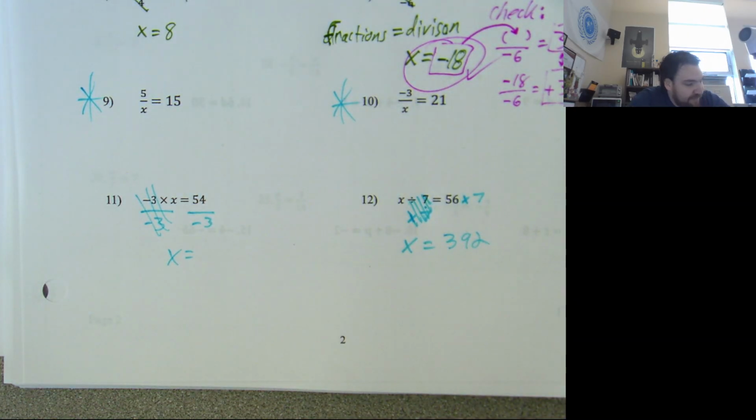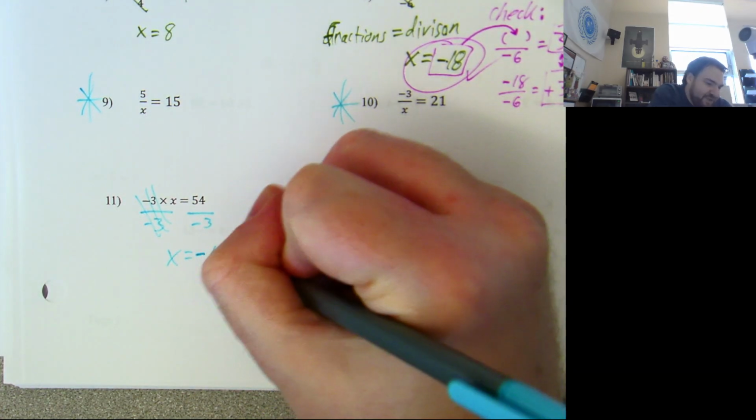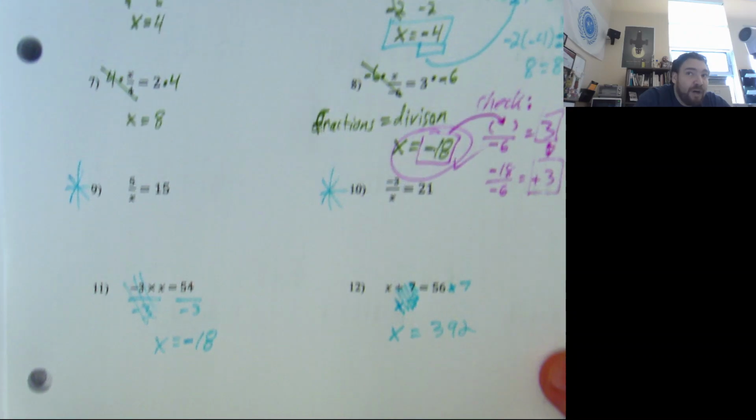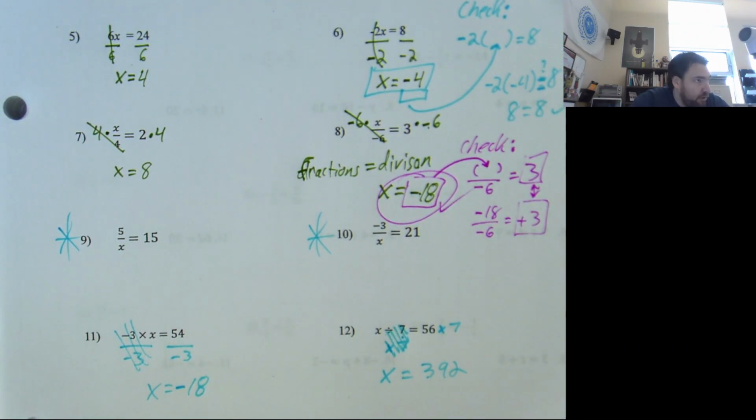What's 54 divided by negative 6? Negative 9. Negative 18? Should be negative 9. No, negative 9. Okay. So this is how I want you to show me your work.